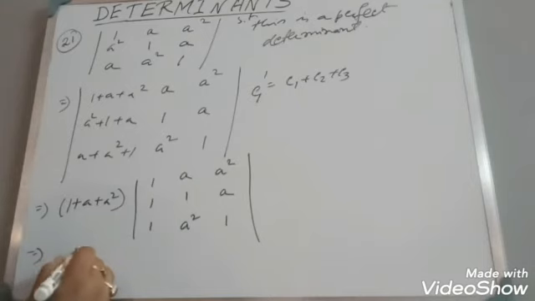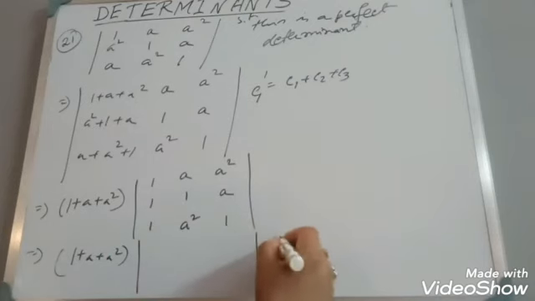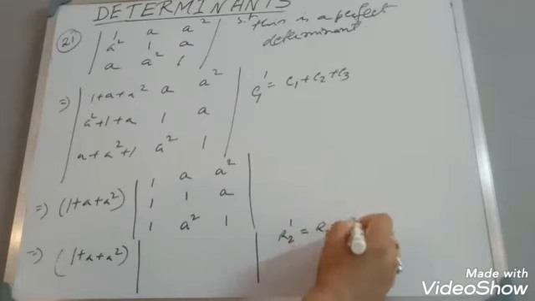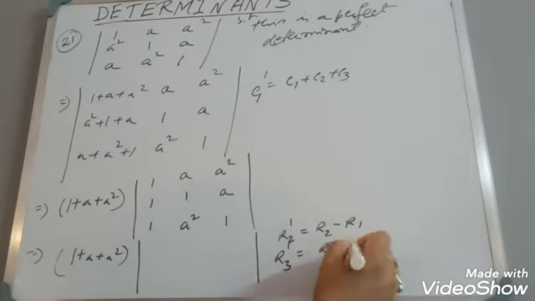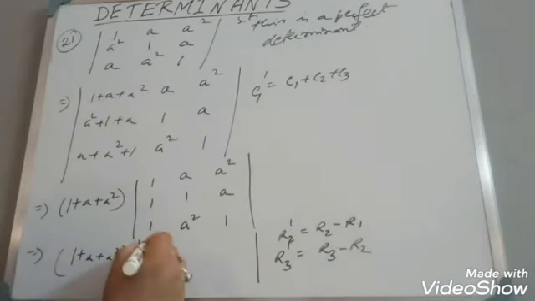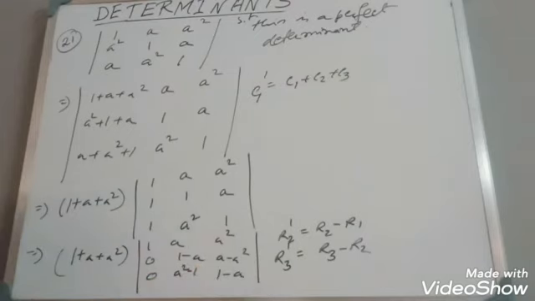Which implies 1 plus a plus a square. Now the operation given is second row R2 dash equals R2 minus R1, and R3 dash equals R3 minus R2. Then what we will get? 1, a, a square; 0, 1 minus a, a minus a square; 0, a square minus 1, 1 minus a. Now we will expand this.